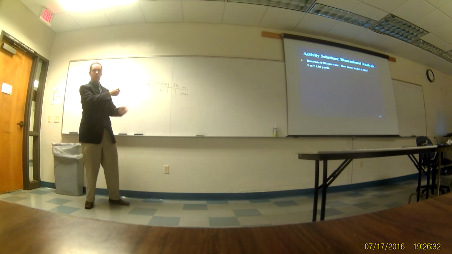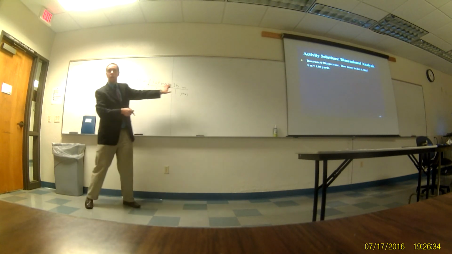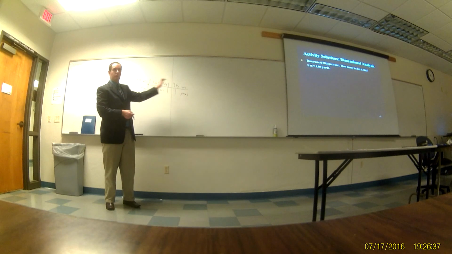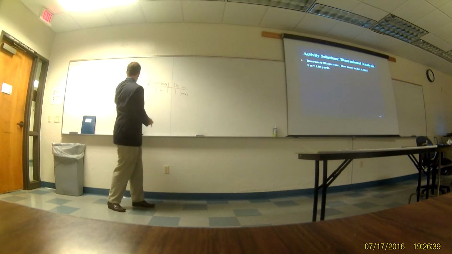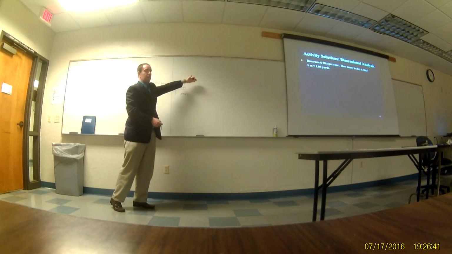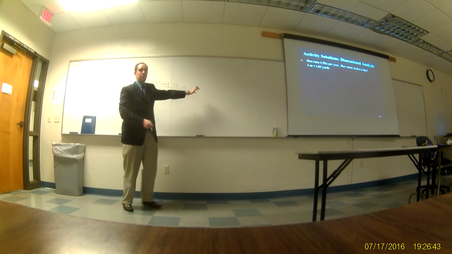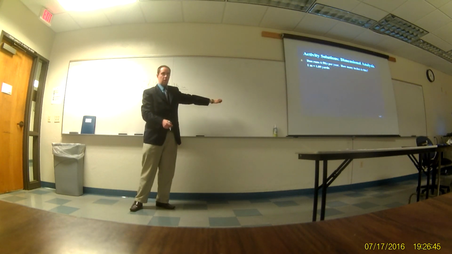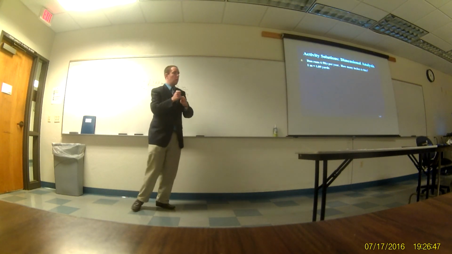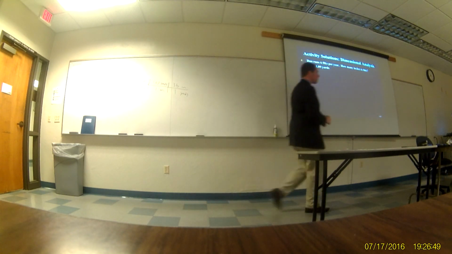Is everybody comfortable getting an answer once you get this? Multiply everything on the top, multiply everything on the bottom, divide the top by the bottom, do sig figs. Good? Okay. We're gonna skip that last slide.